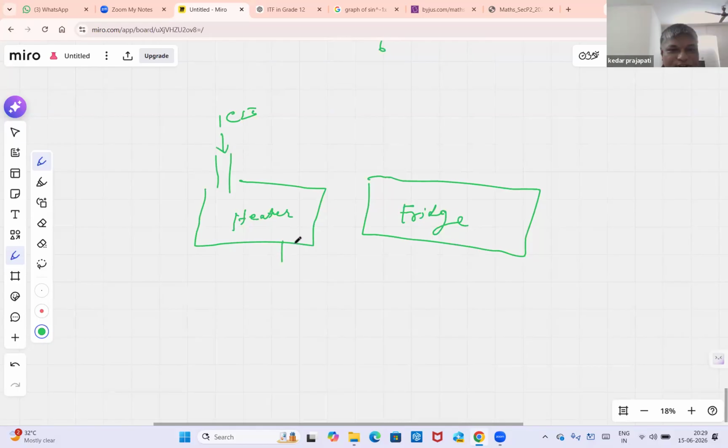You will get hot water. And when this water gets cooled, once you pass it to the fridge, it will give you ice.